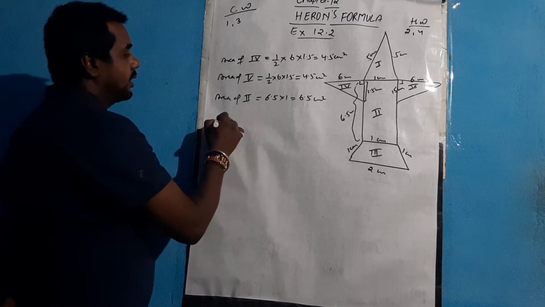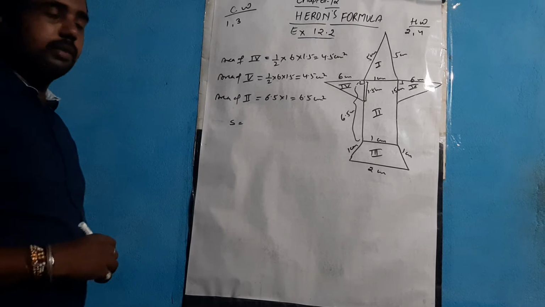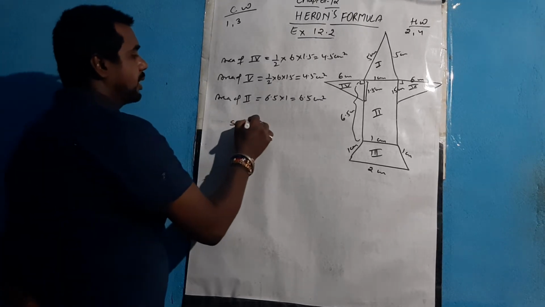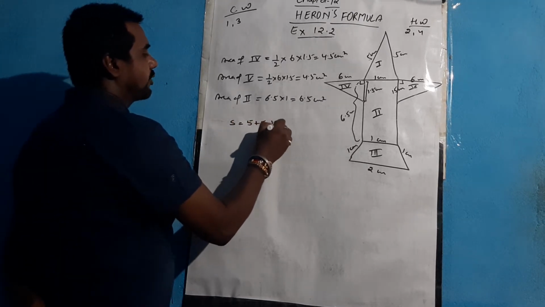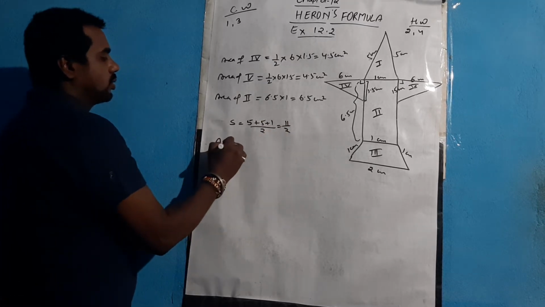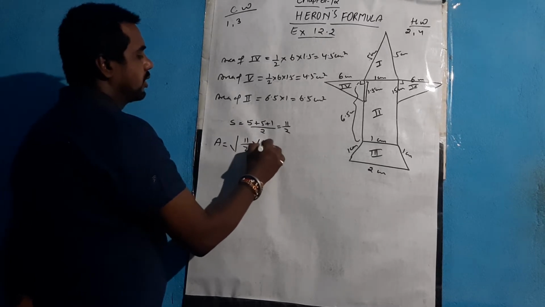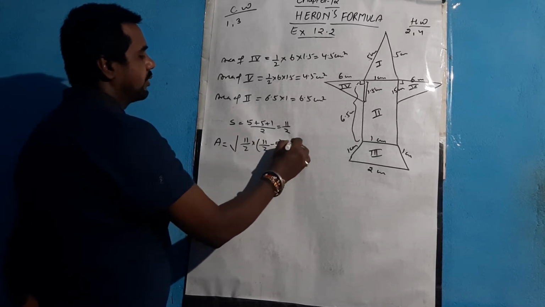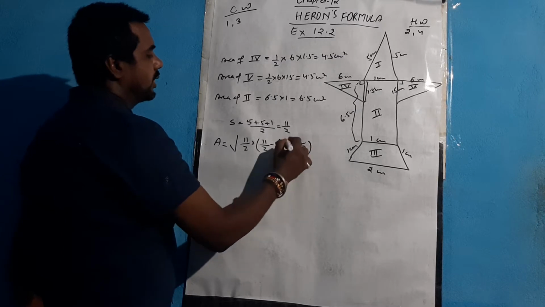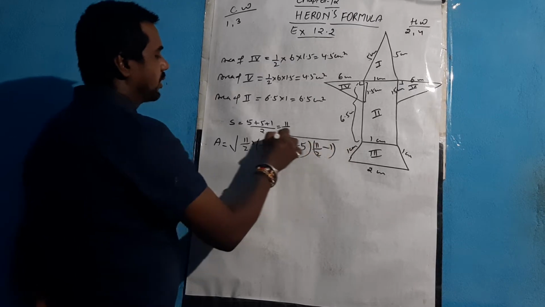So for finding the area of first, we need the semi-perimeter, as it is an isosceles triangle. So semi-perimeter will be 5 plus 5 plus 1 by 2, that is 11 by 2. So area will be root of 11 by 2, 11 by 2 minus 5, 11 by 2 minus 5, and 11 by 2 minus 1.